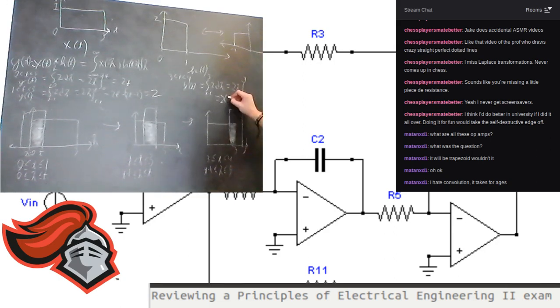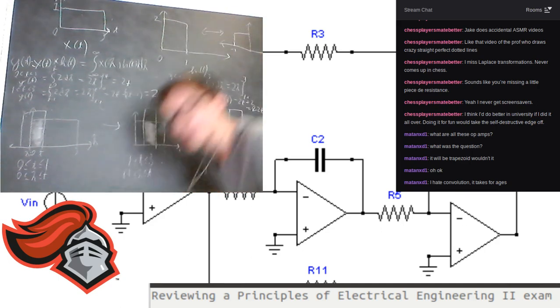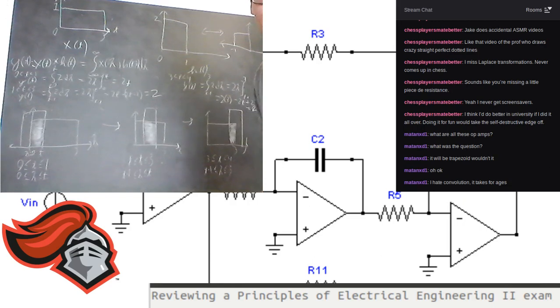That's 2 times 3, which is 6, minus 2t plus 2. So that's 8 minus 2t. So now that we have these intervals in place, convolution is kind of trash, yeah.